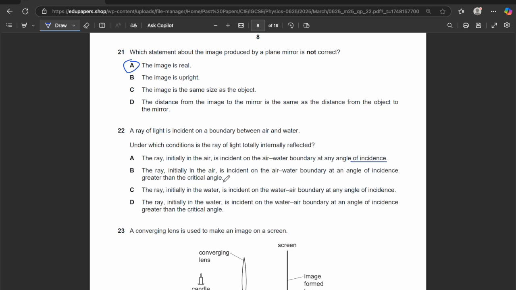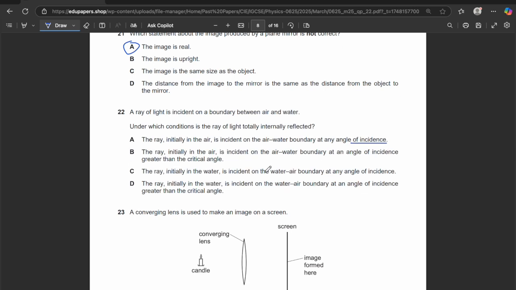Well, the second point is correct. And it says initially in the air. Initially in the air means you have to go from less dense medium to more dense, and that doesn't happen. I mentioned it's from more dense to less dense. So that will be wrong as well. And C is also wrong because it says at any angle. So D is the only left answer.